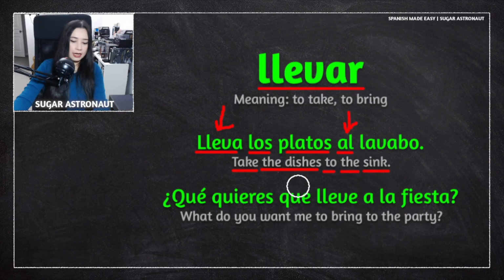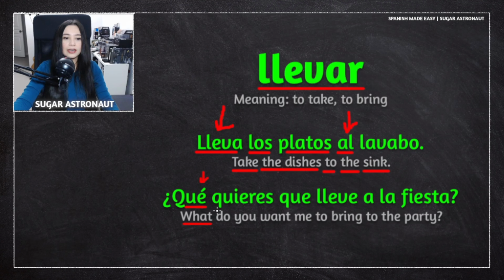Now, let's break this down really quickly. ¿Qué means what? Remember the accent mark. Every time you have qué in a question, you need an accent mark. And also, if you have exclamation marks in the expression you're saying, you need the accent mark on qué.